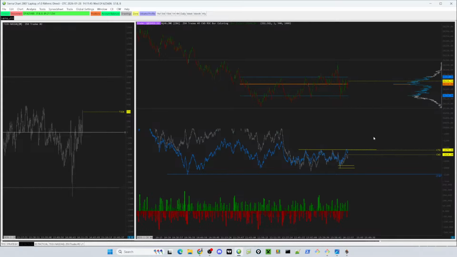I think we got plenty of time and space here, though, to just kind of observe it. It's bullish. It's looking bullish.